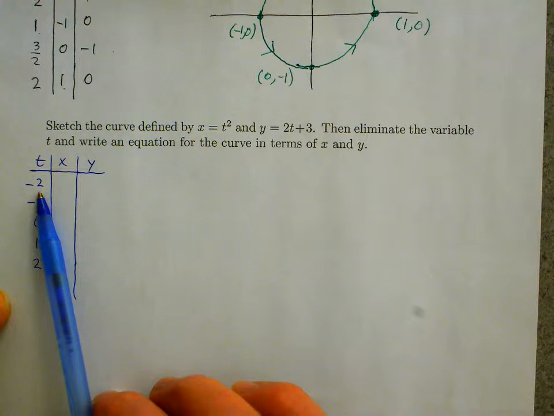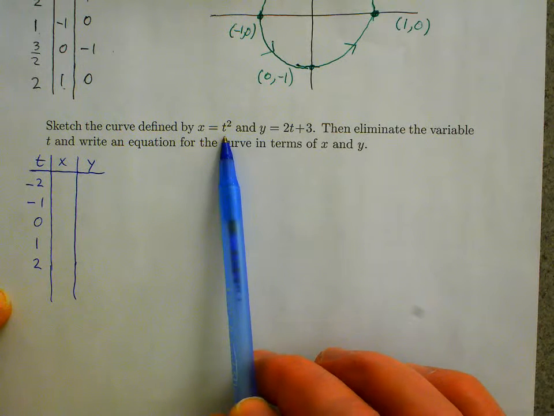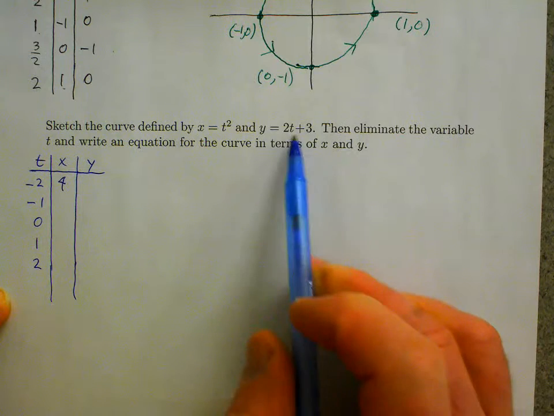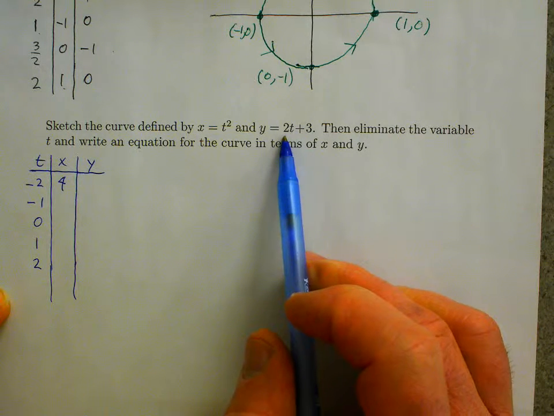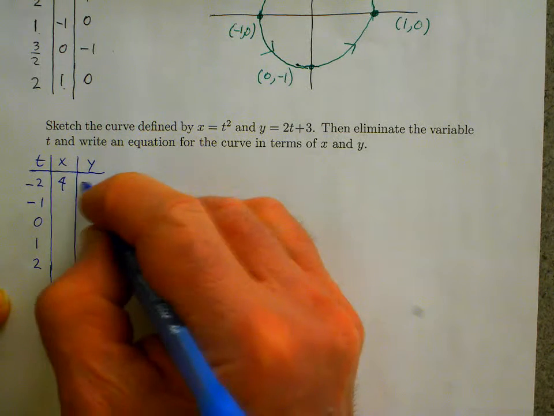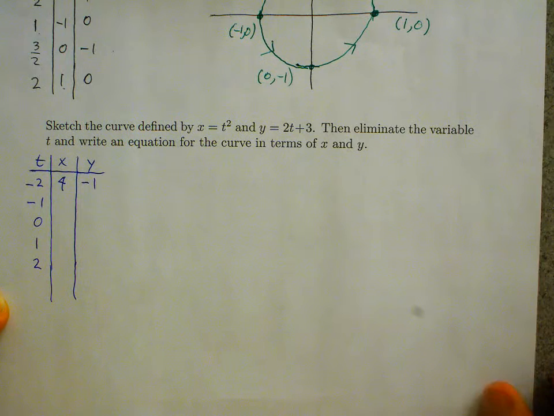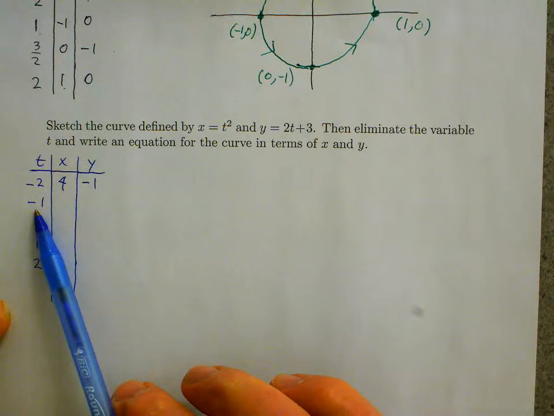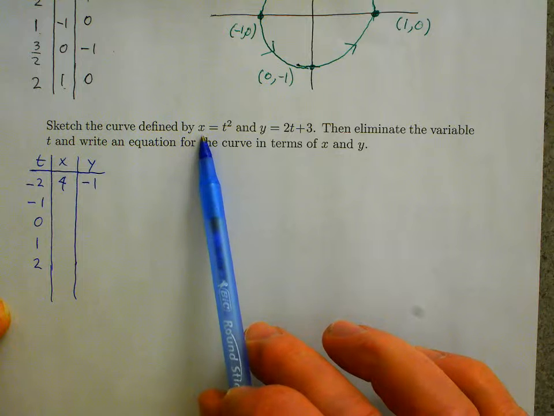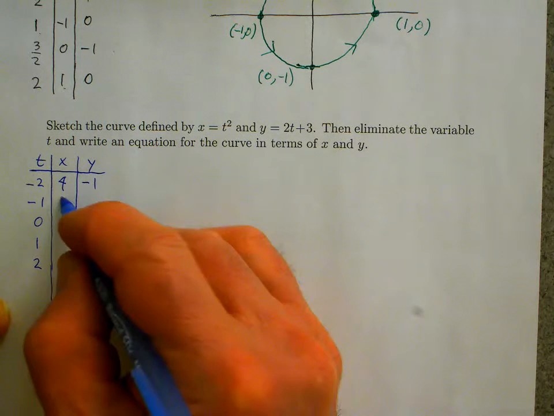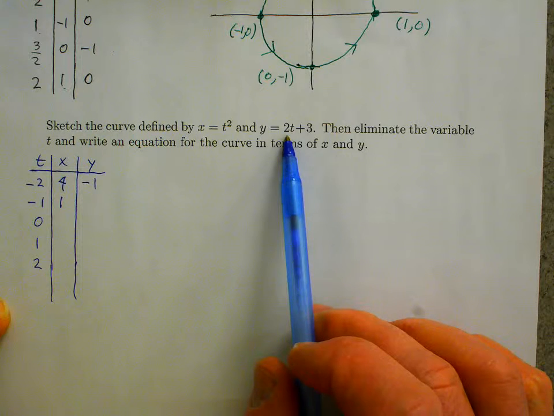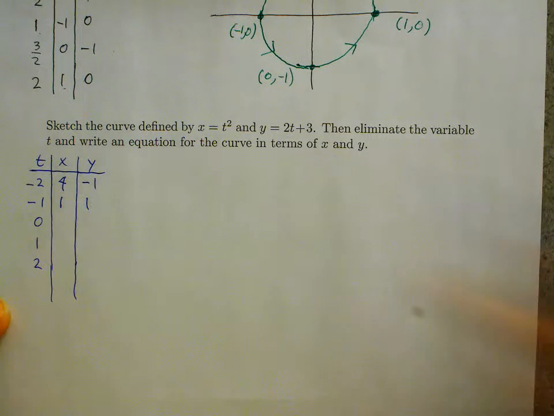When t is -2, the x coordinate is 4, and the y coordinate is -1. When t is -1, the x coordinate is 1, and the y coordinate is also 1.